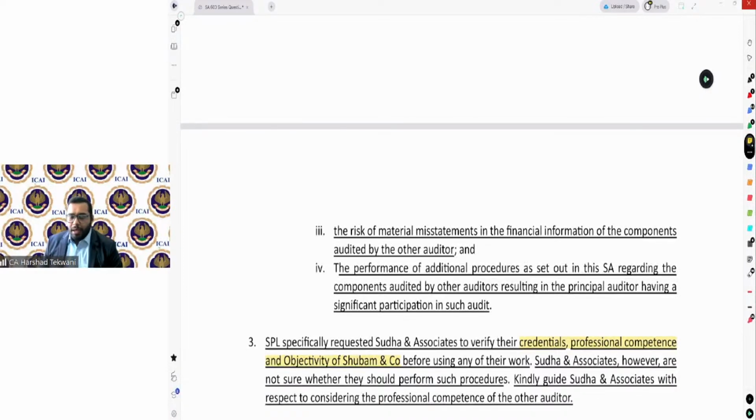Professional competency means, are you competent enough to perform the engagement that has been given to you? So kind of, whether you have the sufficient and appropriate skill, knowledge, resource, manpower. So are you competent enough to perform the engagement? That's where competency comes in.